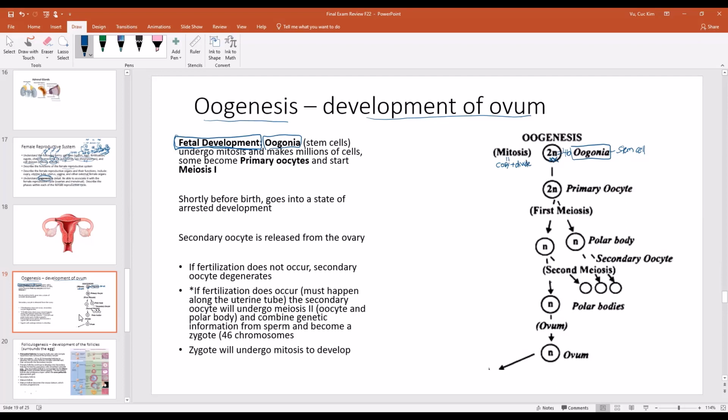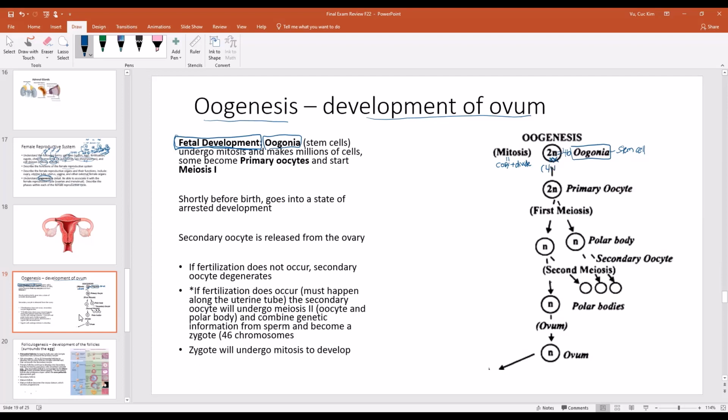It's a copy and divide. Yes. So in this oogonia, it's going to copy from 2N to become what temporarily? 2N to what, if it's copying?